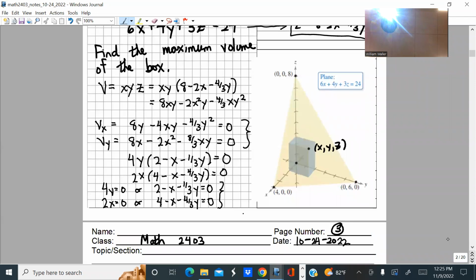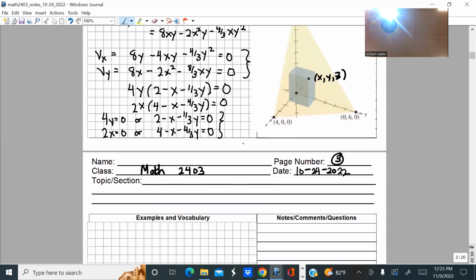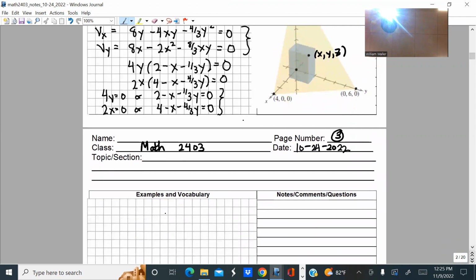I wasn't thinking of that, but let's get rid of the fractions. So let's multiply everything by 3. That gives me 6 minus 3x minus y equals 0. Is that right? And then here 12 minus 3x minus 4y equals 0. Okay, now what?